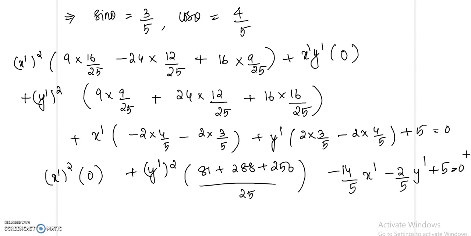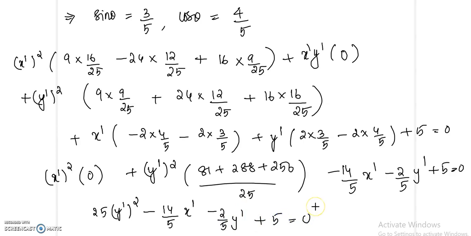So let us look at the sum. 81 plus 288 plus 256, so that is 625, upon 25. So you will get 25 y dash square minus 14 by 5 x dash minus 2 by 5 y dash plus 5 equal to 0.